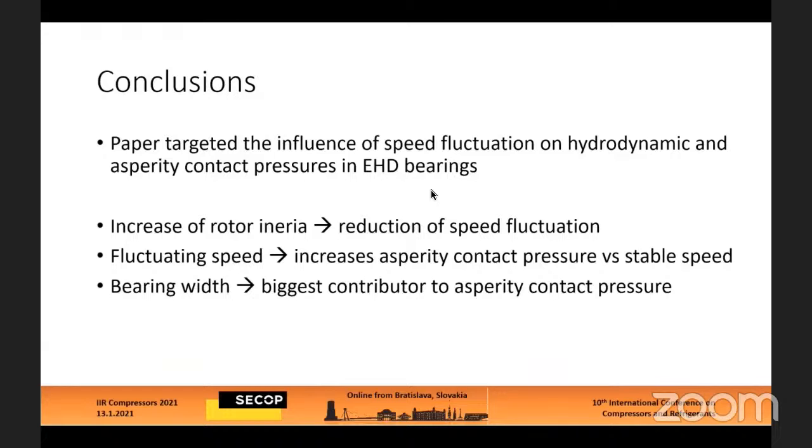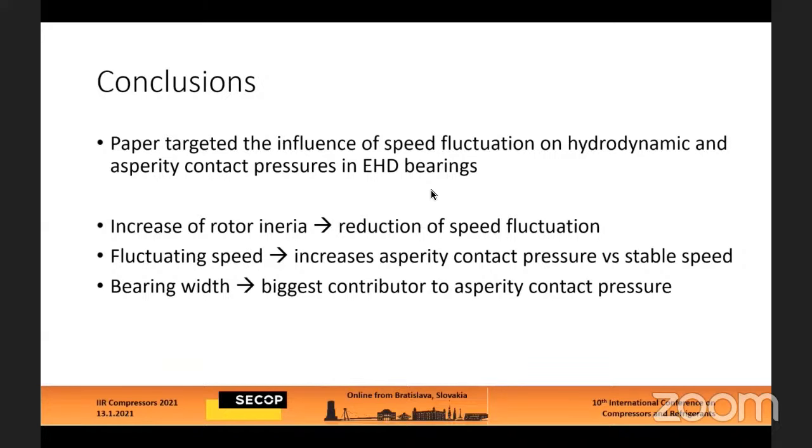So we see a significant difference when we ignore speed fluctuation using stable speed and when we have the speed fluctuation. We also could evaluate that the model is capable of capturing the effect of higher or lower inertia on the speed fluctuation. So having the speed fluctuation as a response of the model is also possible.